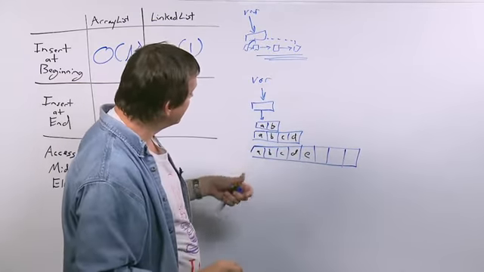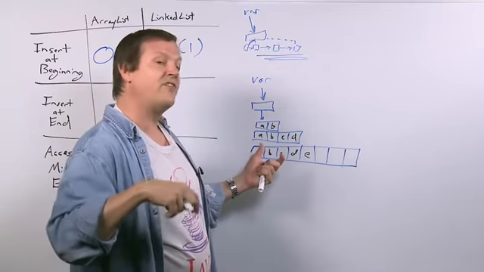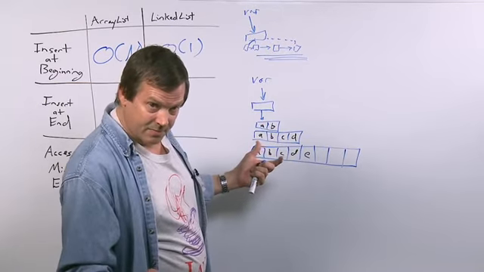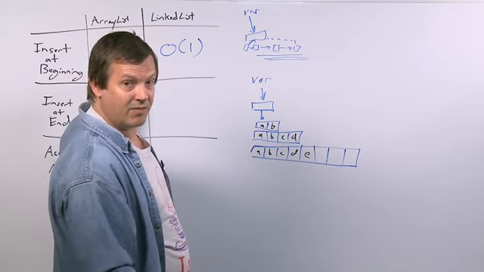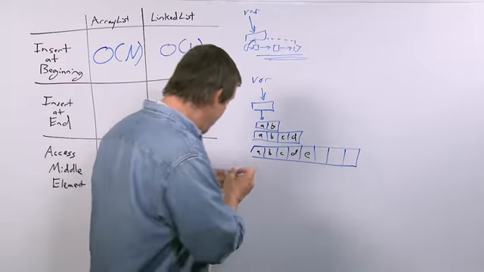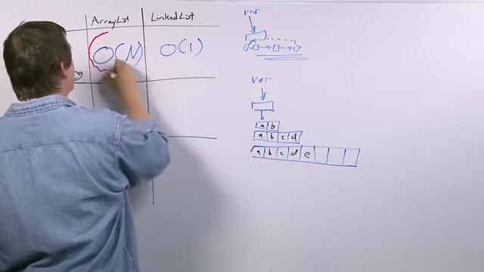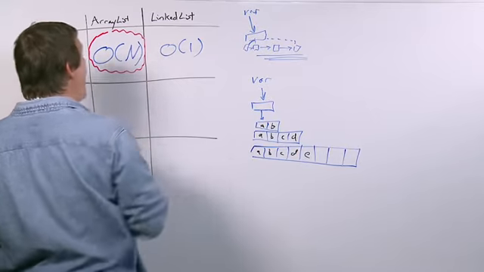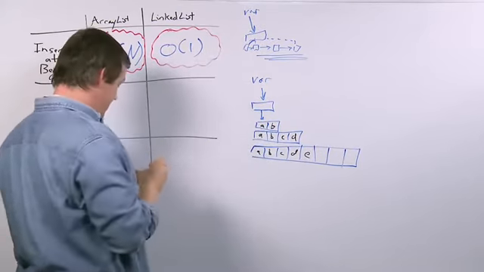What that means is if you have a 5-element array list and a 5 million element array list, it takes 1,000,000 times longer to insert something at the beginning of the big one than it does at the small one. So with inserting at the beginning, array list is bad, linked list is good.